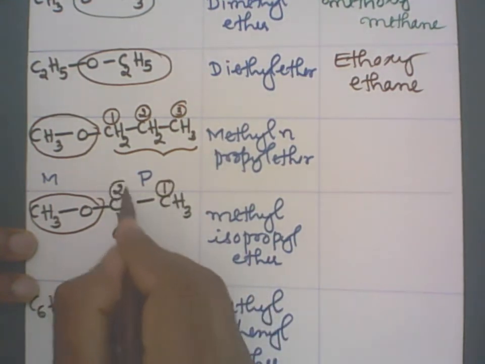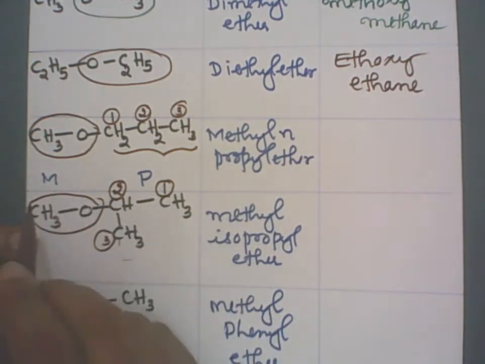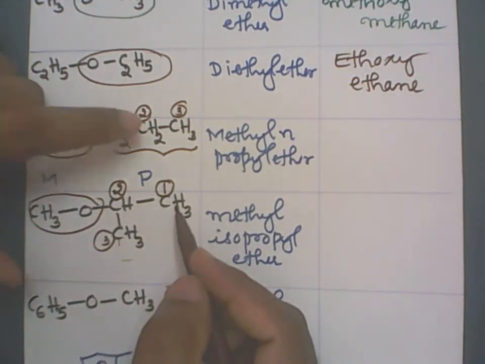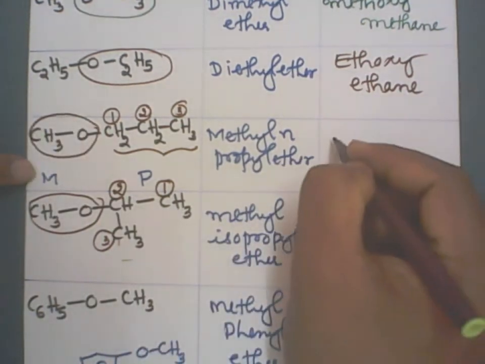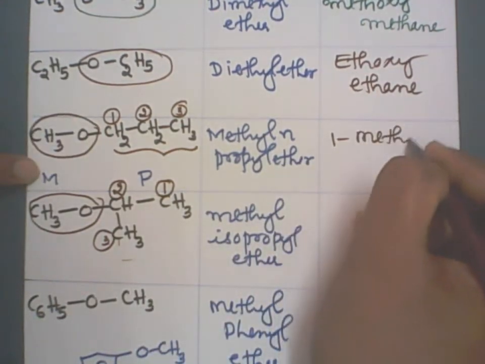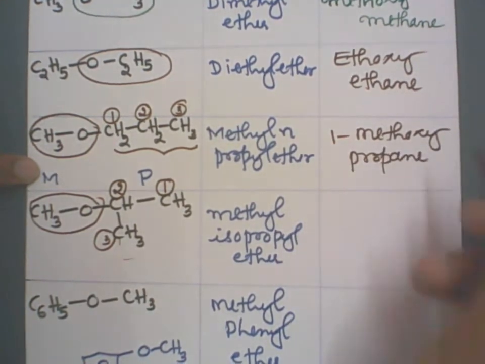Carbon number 1, carbon number 2, carbon number 3. So to the middle carbon atom, we have got methoxy group. So this is the propane, ending in the propane. But to which atom the methoxy group is attached? Carbon number 1. So it is called as the 1-methoxy propane.